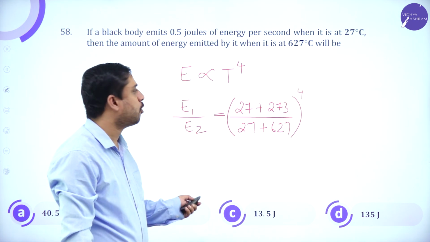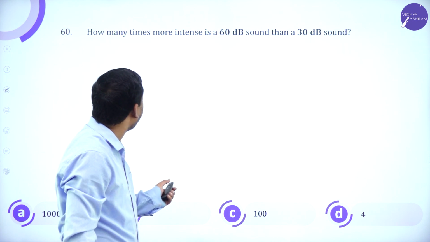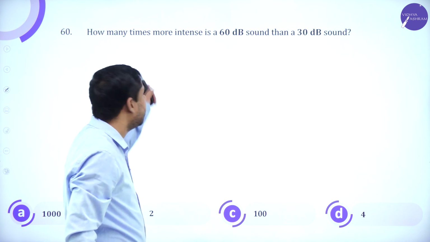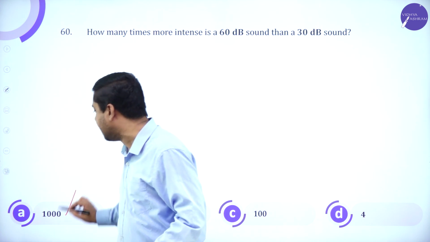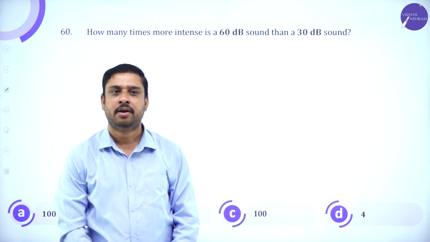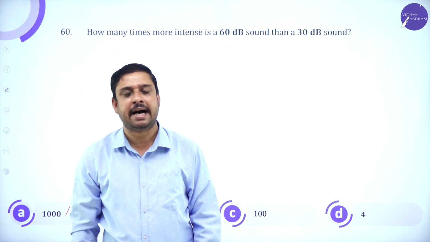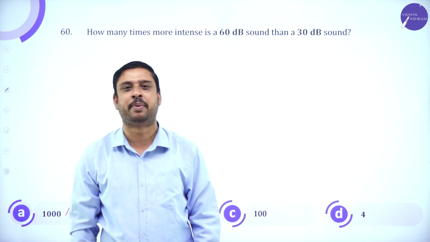Simplify, get the option. This last two is actually from the previous syllabus. Intensity, this is 1000. So very clearly, we have bisected, analyzed the 2008 paper.